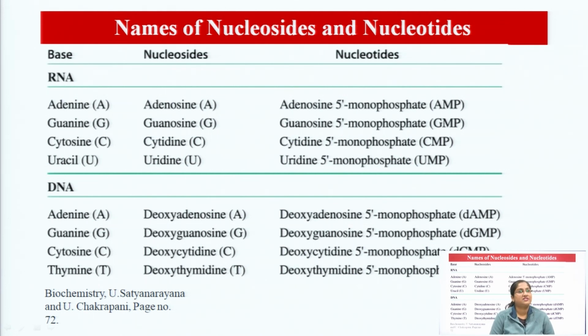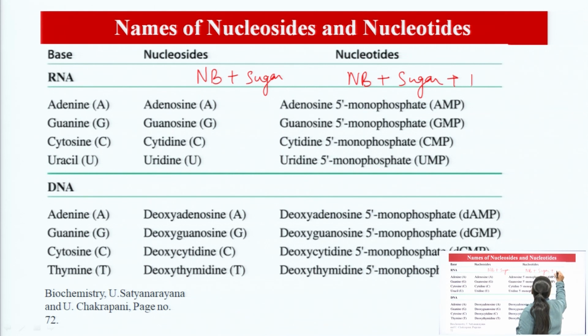So, how are nucleosides and nucleotides different? Nucleosides do not have a phosphate group in them. Nucleotides have a phosphate group in them. If anybody asks what the difference is, we can easily say that nucleosides have two things, nitrogenous bases and the sugar moiety, whereas nucleotides have nitrogenous bases, sugar moiety and a phosphate group.